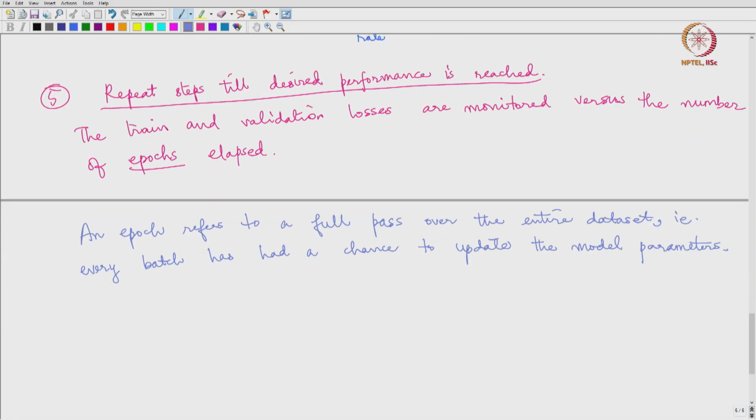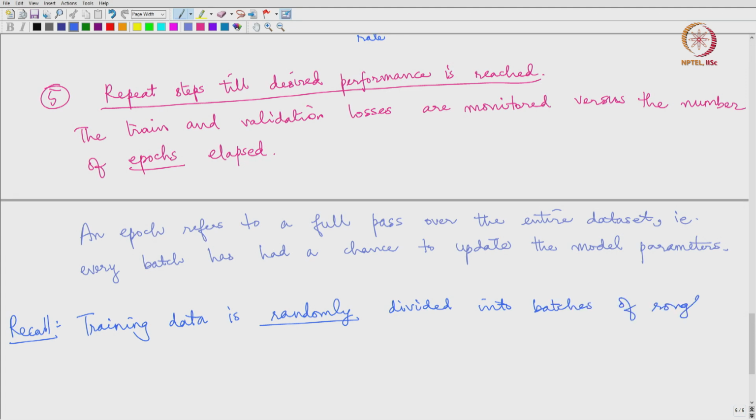Right. So, just to recall, training data is randomly divided into batches of roughly equal size.